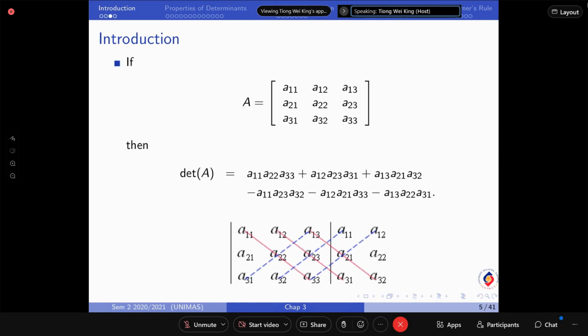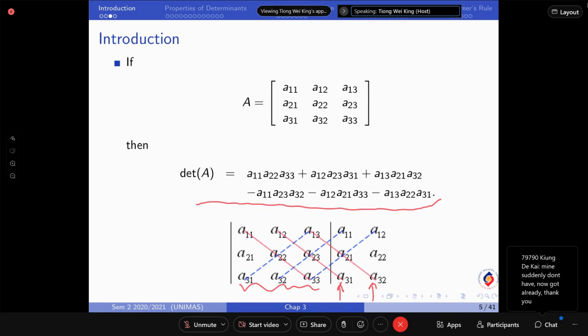For 3 by 3 matrices, this is the formula. Or what you can do is write down your matrix here, and then repeat the first 2 columns at the back. Then you do the multiplication according to the lines here. The red color, you multiply all these 3, plus multiply all these 3, plus multiply all these 3.